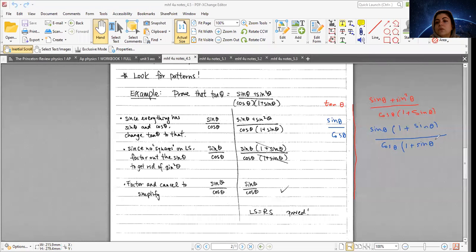See the bracket from top and bottom, they cancel, right? 1 plus sine, they cancel each other. True. And whatever is left here is sine over cosine. Do we have the same thing on the right side and left side? Yes. So we prove that the left side is the same as the right side.